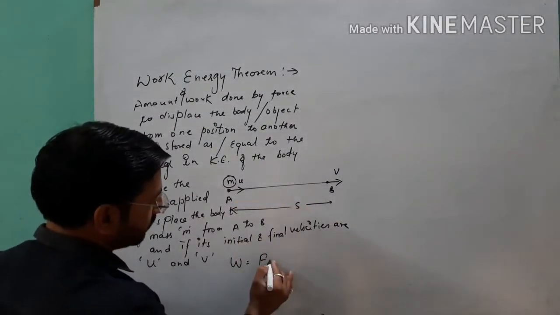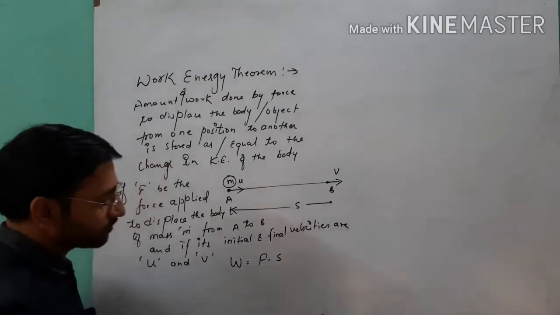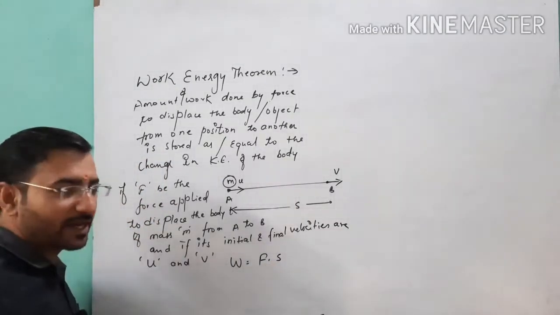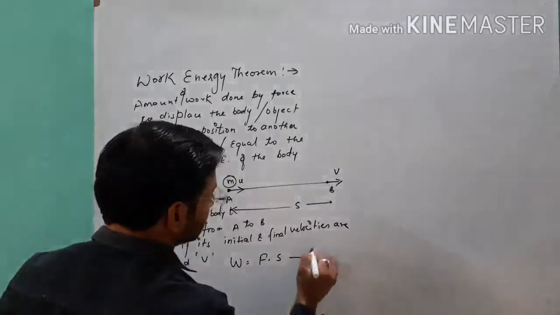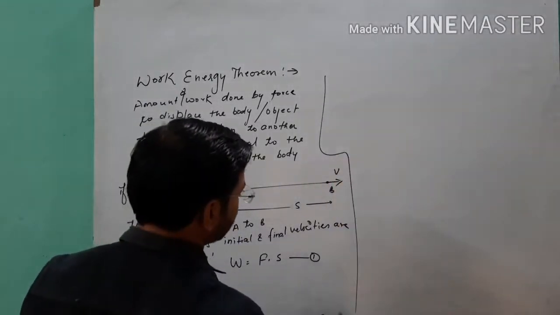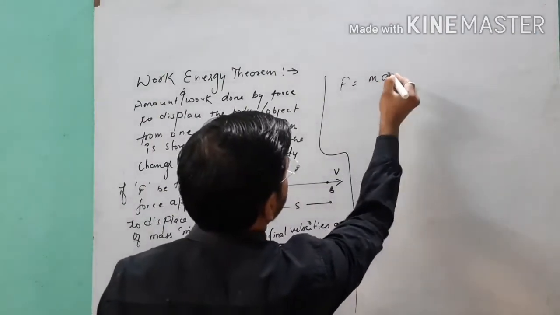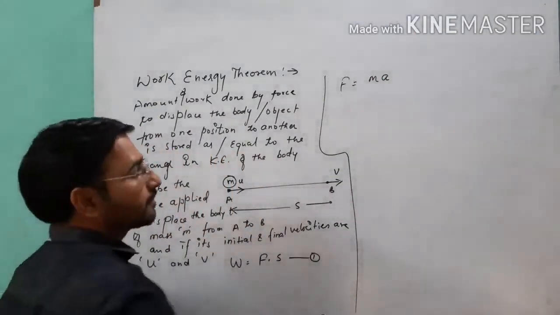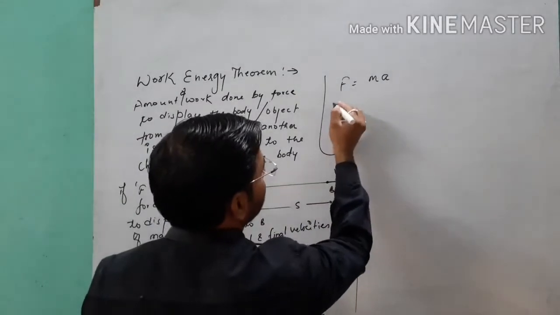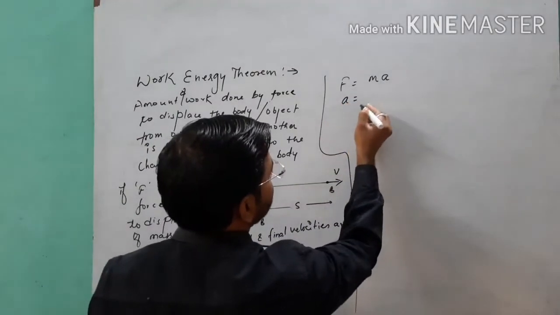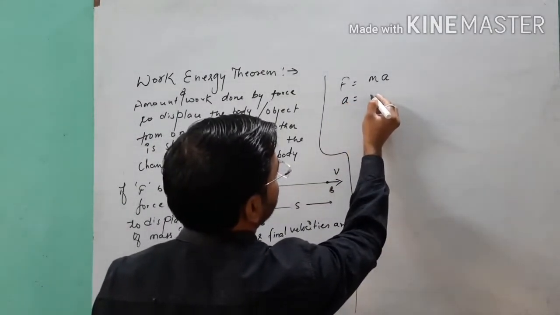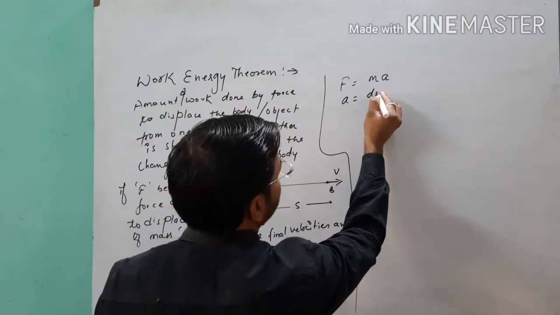Work done is force into displacement, we know that. And you know that the force F is equal to mass into acceleration, and for an instantaneous time we can represent this acceleration in the form of dv over dt.